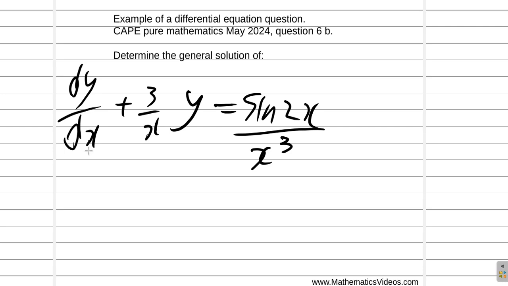It doesn't seem like you can solve it by direct integration. Doesn't seem like you can solve it by separating the variables either. Right? I know that you can indeed solve it by using an integrating factor.